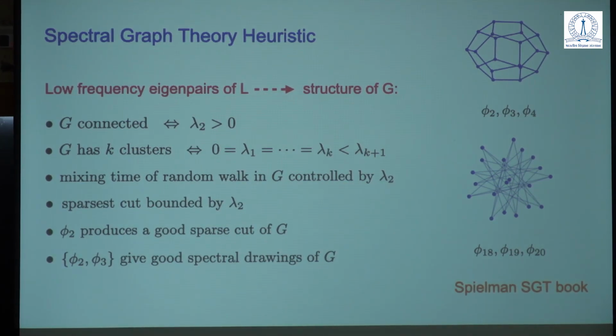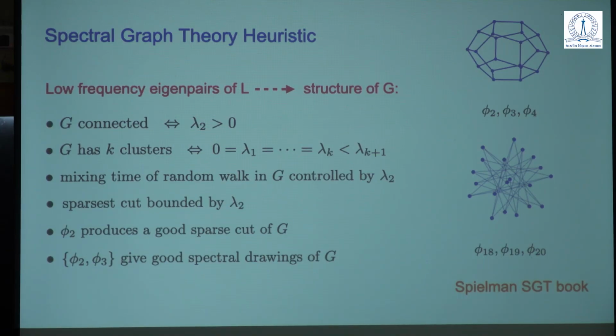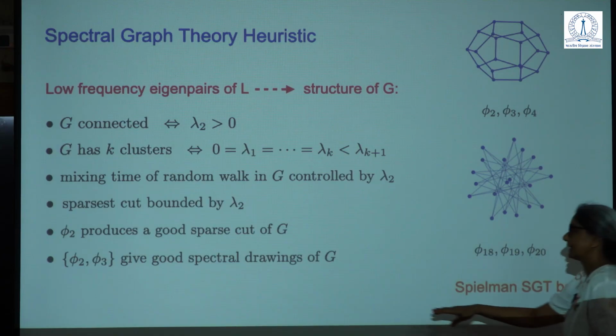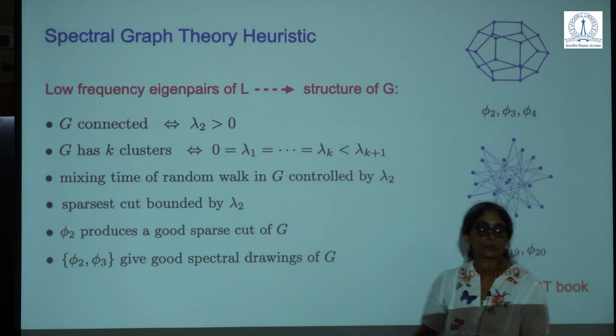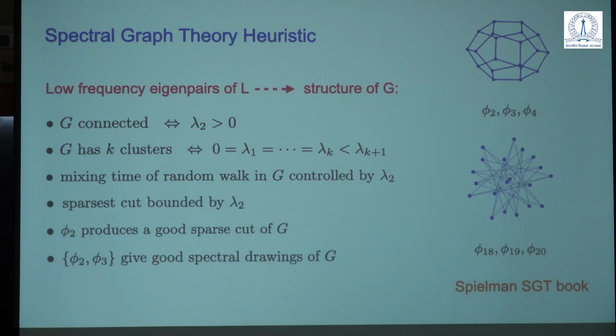But if you use the eigenvectors, you actually get an embedding that looks geometrically like the graph of the dodecahedron, okay? So these spectral embeddings are quite nice. So drawings is the same as embeddings here? Yeah, spectral drawings, by that I mean spectral embedding, the same thing we saw yesterday, okay?